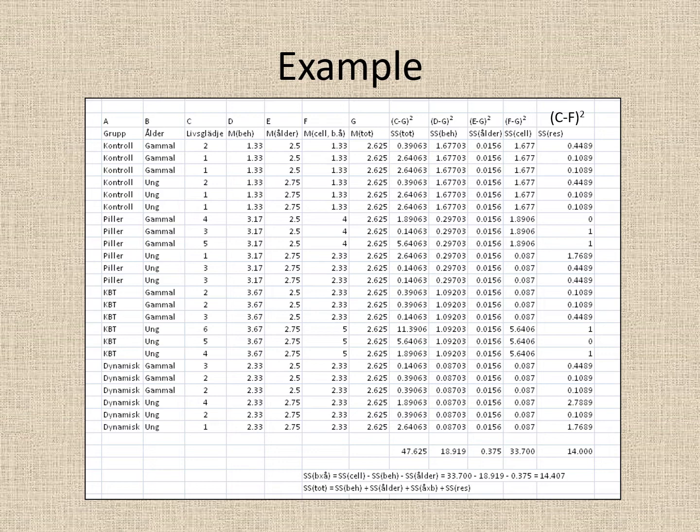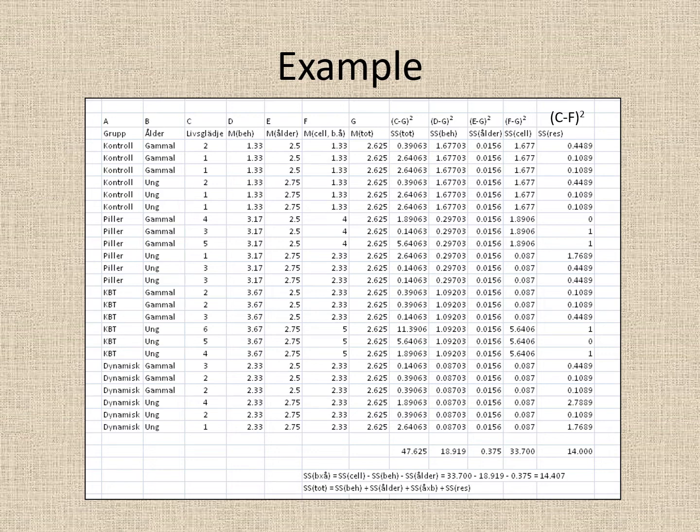But also, and we see this in column B, the patients belong to two different age categories. Gammal, that means old, and ung, that means young. So two different age groups.